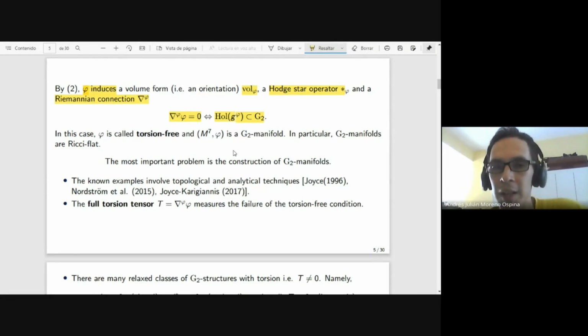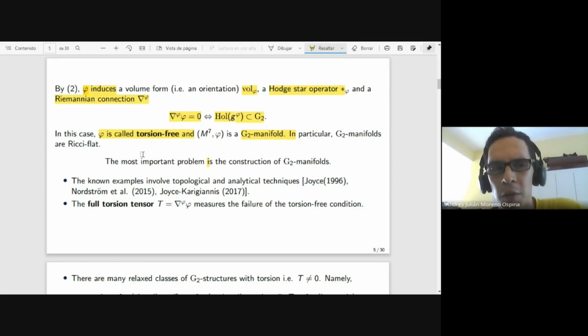We saw last week the talk of Professor Adrian about holonomy groups. When the 3-form satisfies this non-linear PDE, the 3-form is called torsion-free, and the corresponding manifold endowed with this torsion-free G2 structure is called a G2 manifold.